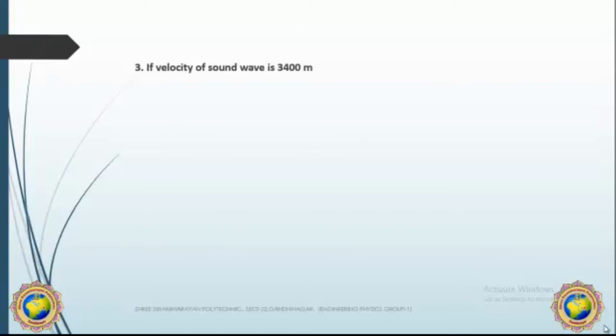Now third sum: if velocity of sound wave is 3400 meter per second and wavelength is 17 centimeter, then find out the frequency of the sound wave. Here velocity is given, wavelength is also given, 17 centimeter.